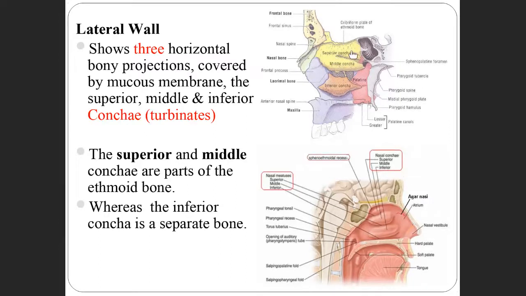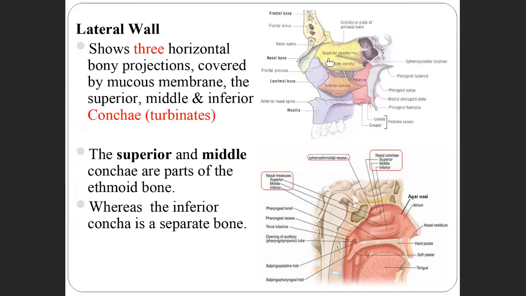Superior concha, middle concha, and inferior concha. One thing you remember, the superior and middle are from a single bone. They are coming from the ethmoid bone.